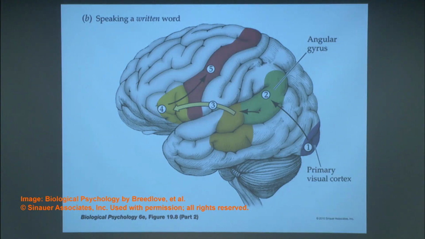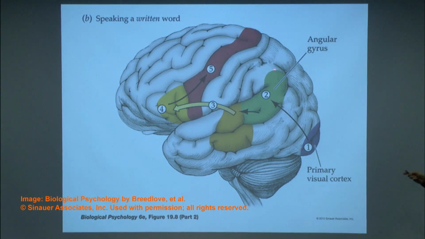Angular gyrus is critical for translating visual words into their meaning, and that translation is then further processed in Wernicke's area, and then to the same pattern: Wernicke's area to Broca's area to speak it, and then finally to primary motor cortex to actually engage those motor muscles that are important for speaking the word.